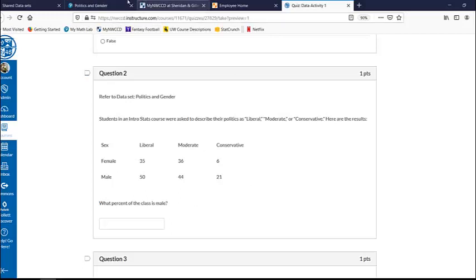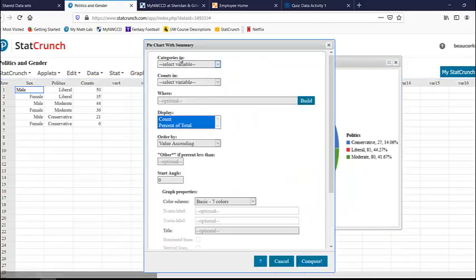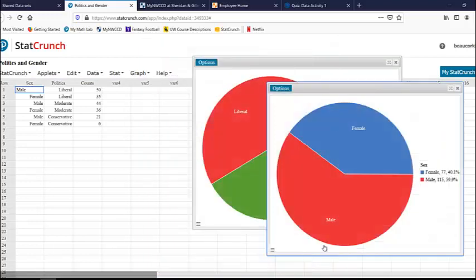What percent of the class is male? That's just summing this value up, 50 plus 44 plus 21 out of the total number. But I can use StatCrunch to speed that up as well. Pie charts, category sex, counts and count.